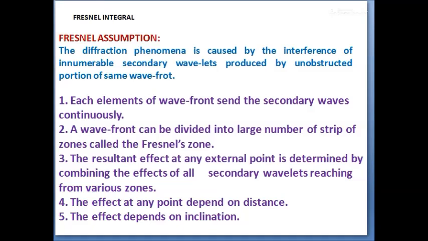Those are called the Fresnel regions, and we have to calculate the approximate sum of all those effects as the resultant effect at an external point. And obviously that effect depends on the distance and the inclination factor.